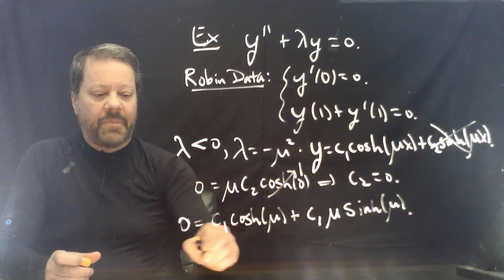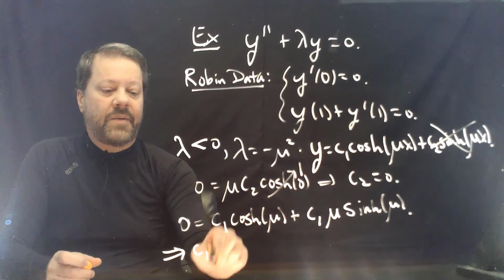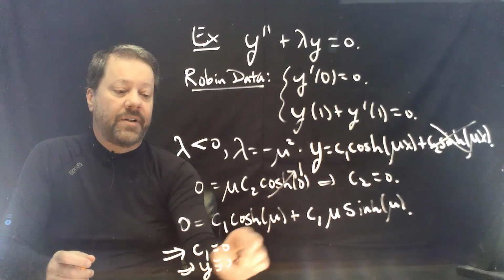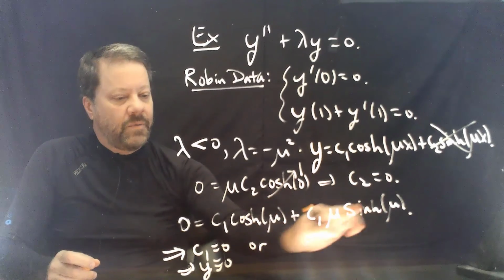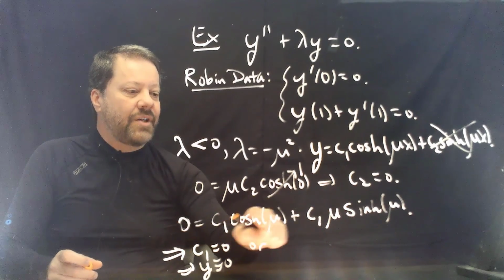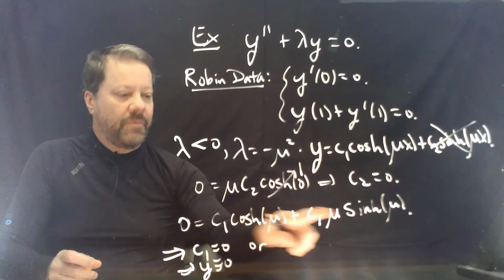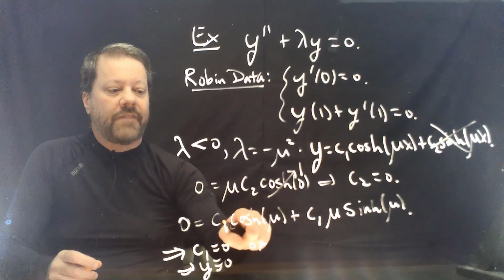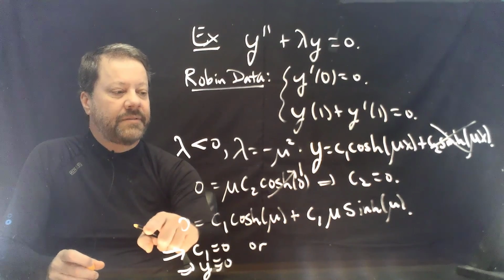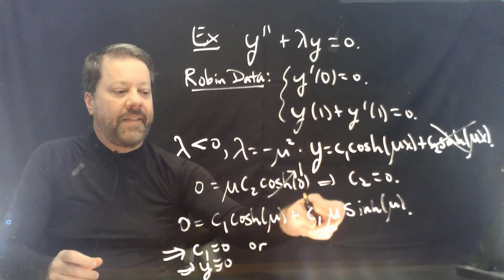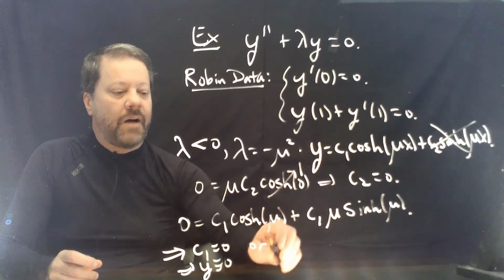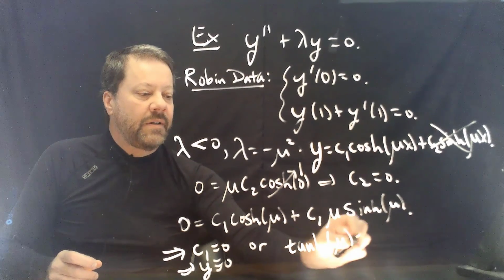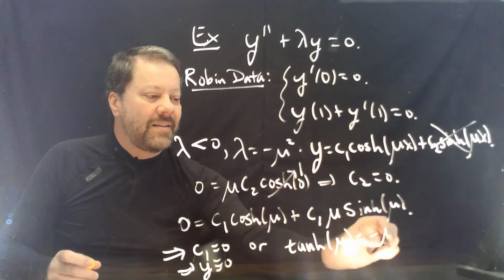This equation implies that either c1 is 0, and that would imply y is identically 0, or we'll have the tanh of mu. We'll cancel the c1's off, move this term to the left, and then divide the mu off. We'll have tanh of mu equal to minus mu.